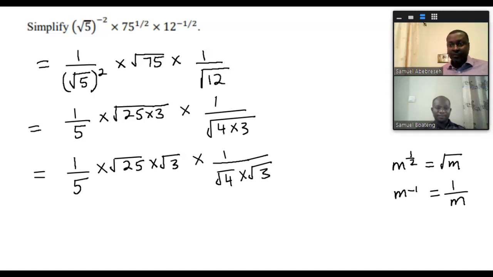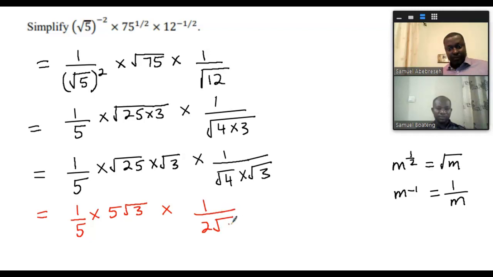Okay, next step, 1 on 5 times square root of 25 will give you 5 times root 3 times 1 on 2 root 3.